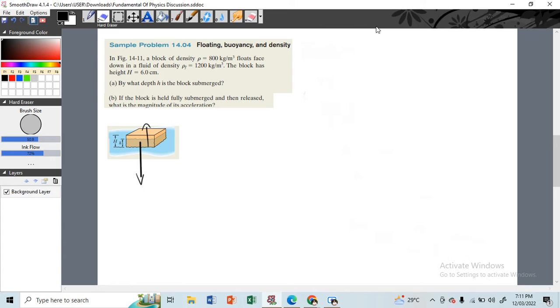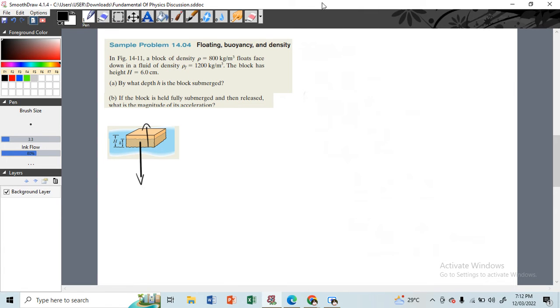The block has height H, which is equal to 6.0 centimeter. A: by what depth h is the block submerged? And B: if the block is held fully submerged and then released, what is the magnitude of its acceleration?